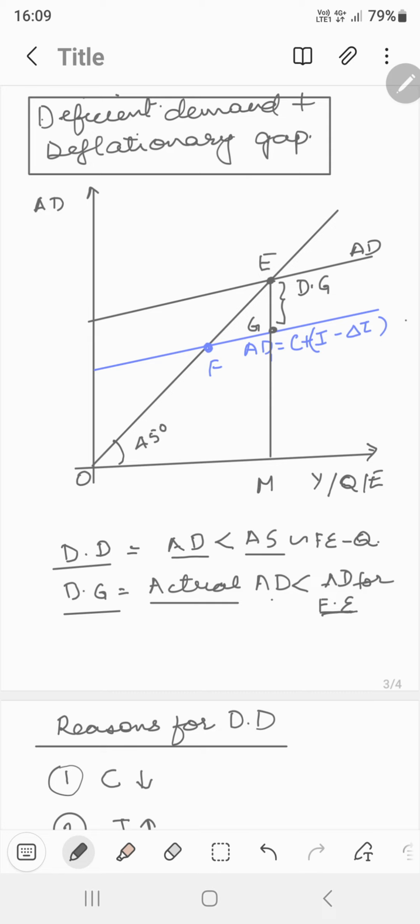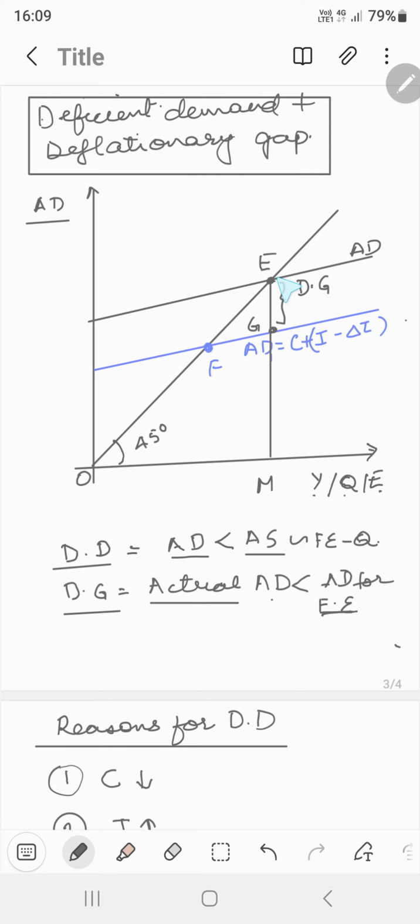So explaining the graph, first we label the x and y axis. On the x axis we show income, output and employment. On the y axis we have shown aggregate demand. This is a 45-degree line showing the aggregate supply curve, and this is our aggregate demand curve.